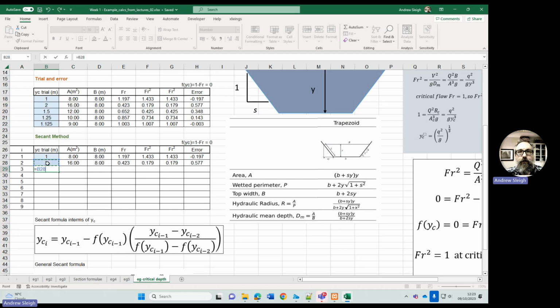So it's the last value minus the function from the last value times the last value minus the second last value divided by the function of the last value minus the function of the second last value, 2 brackets to close, and we're getting 1.255 from the secant value.